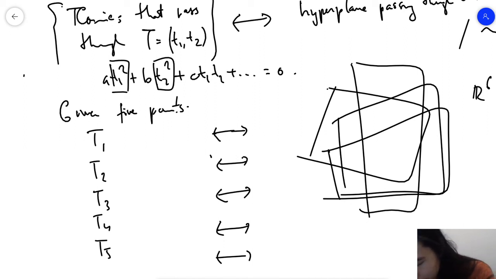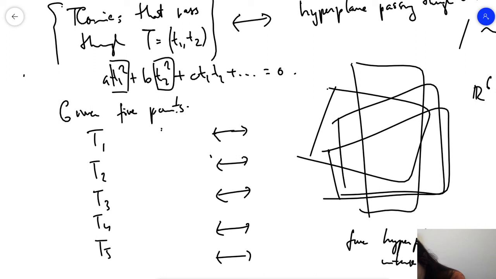Because we have five hyperplanes, they intersect at a line. Okay, that means there exists a line here.